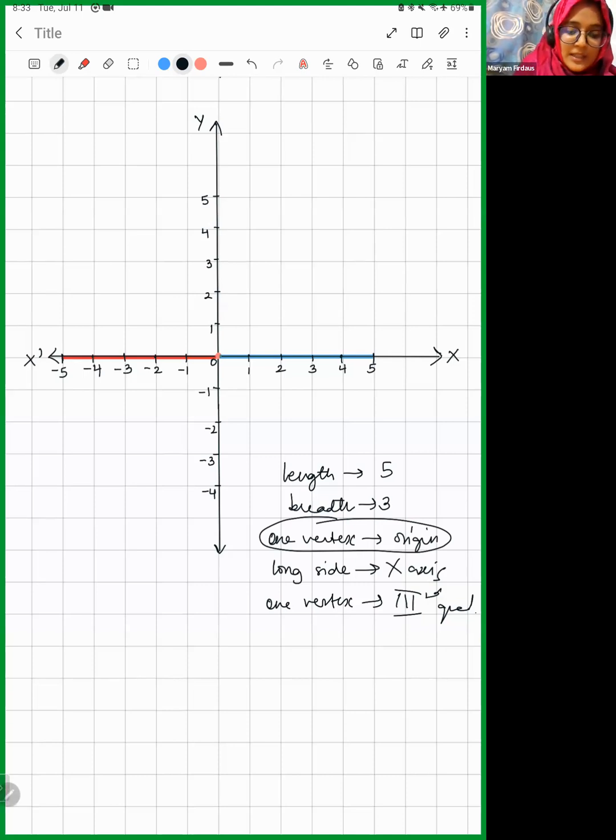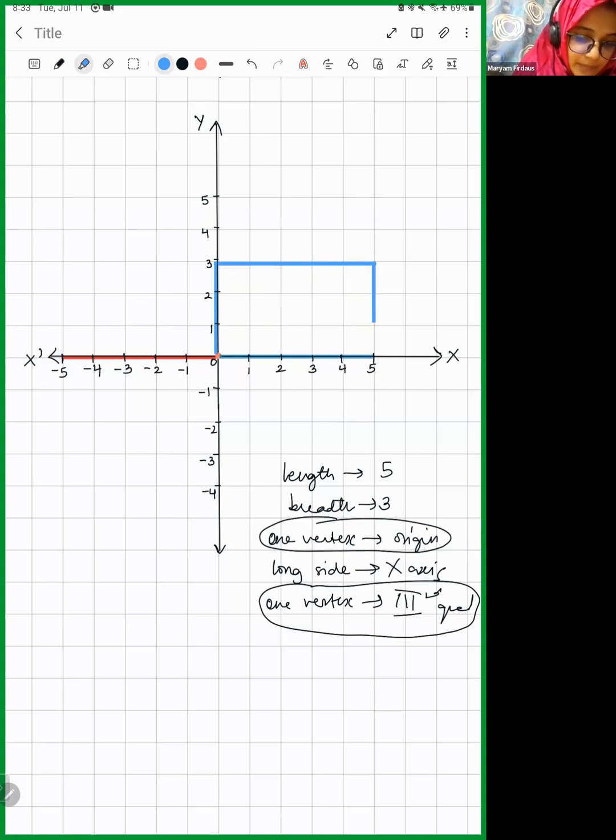Take a look at this piece of information. One vertex lies in the 3rd quadrant. So if you have the blue one as your length, then your rectangle can be like this. Or it can be like this. But in both of these cases, observe how the vertex is over here.